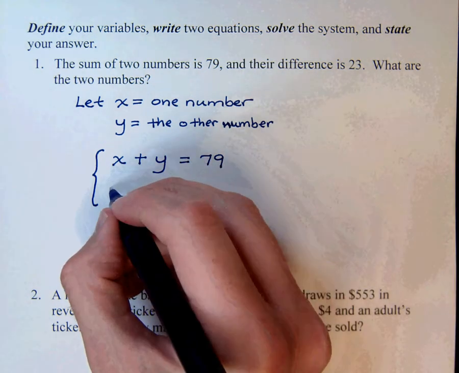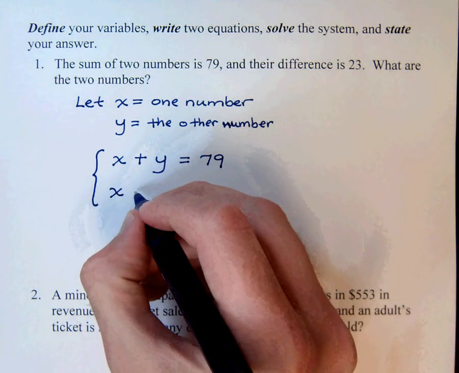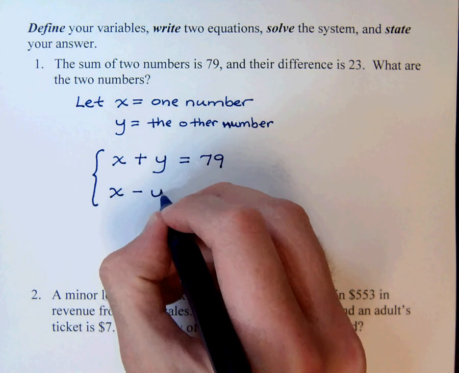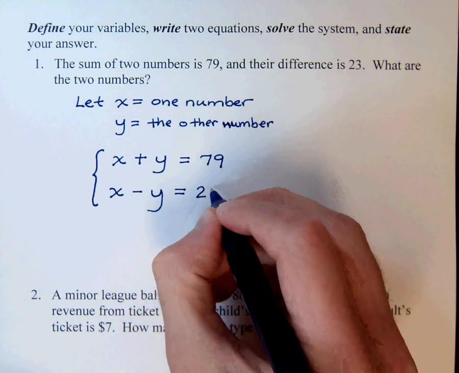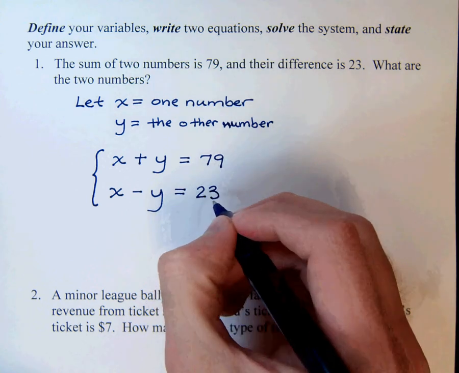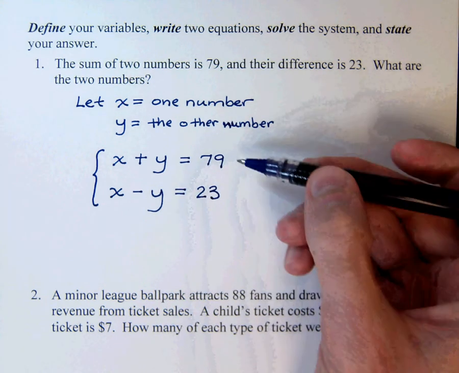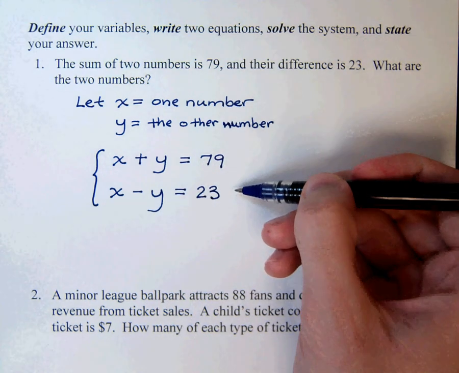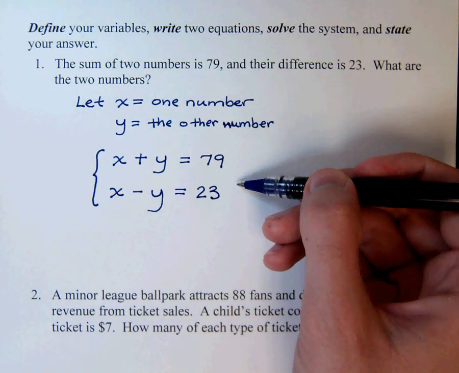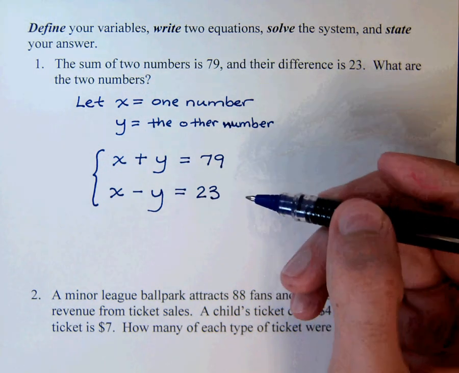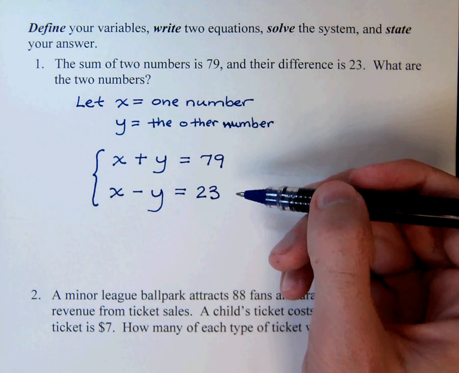So difference, of course, means subtraction. So x minus y is going to equal 23. Now, the way this system is set up would be great for doing substitution, but it would be even better to solve it by using the elimination method. So you try that at home and see what you come up with.